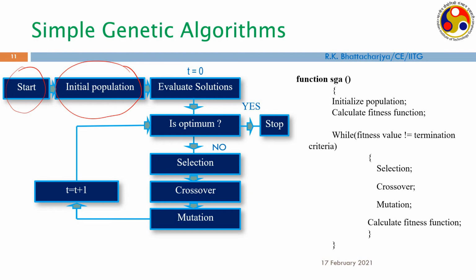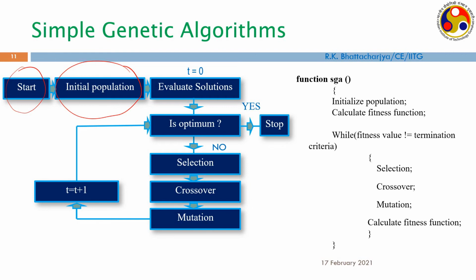The difference with the classical method is that in the classical method, we start with a single initial point, a single solution, but here you are starting your iteration with an initial population. We call it population because in nature it's not one to one, from one parent to one offspring. It's not like that. From one population you get the next generation.